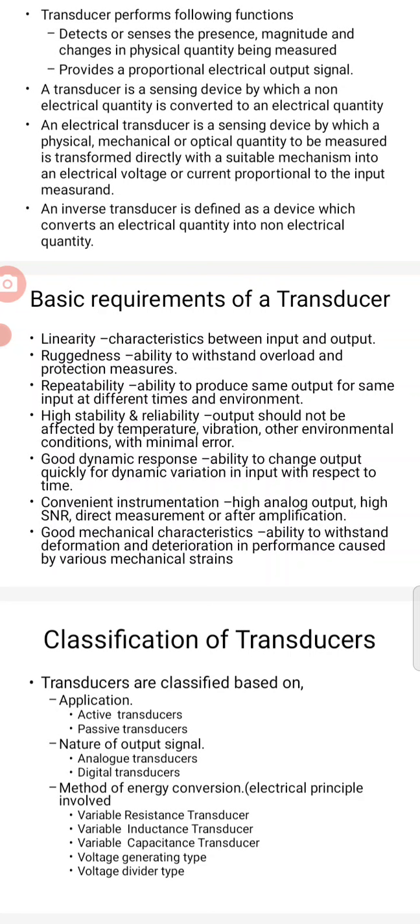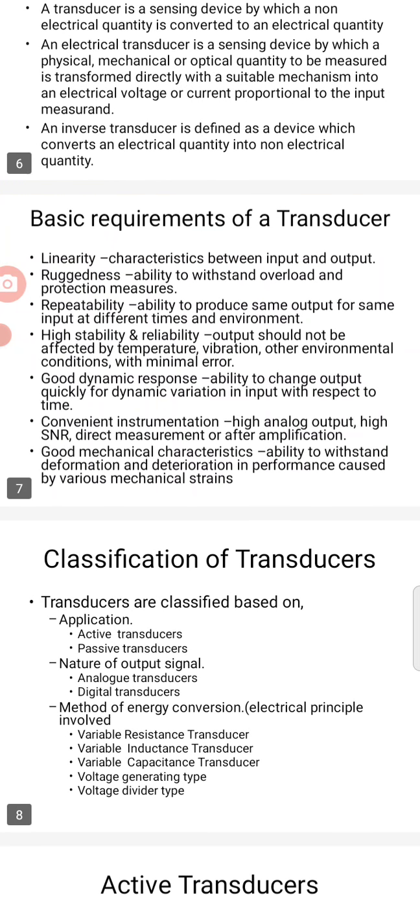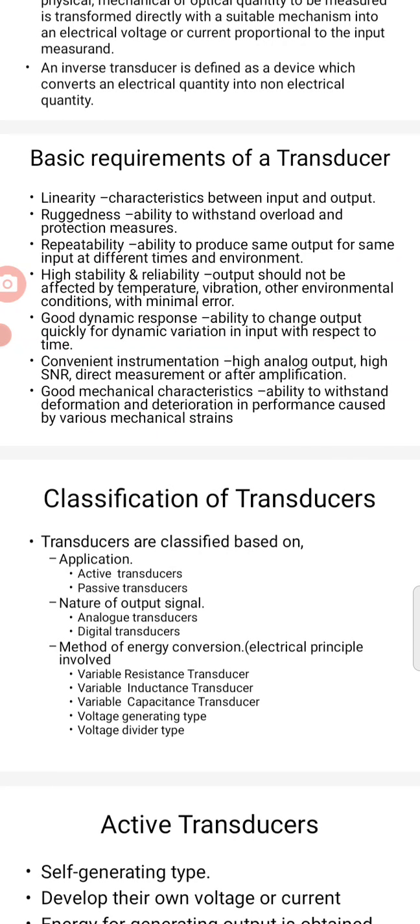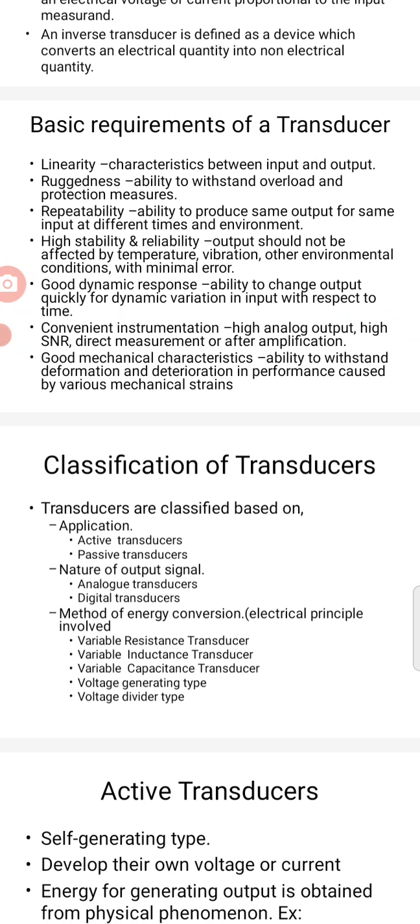Then coming to the classification of transducers. Transducers are classified based on three main criteria. One is application, another is the nature of output signal, and the third is based on the principle involved for conversion.